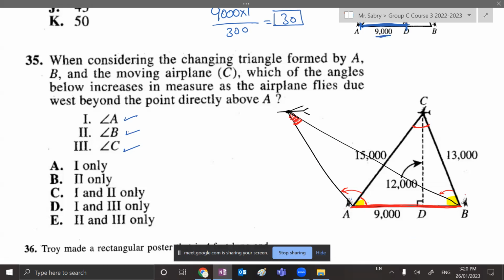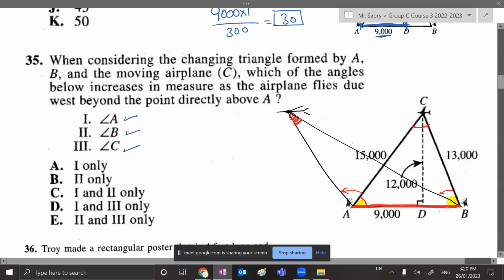So the angle looking at the distance between the two radars will not change as well. But the other two angles: angle B was originally looking at this side with a distance of 15,000. This side now has a different measure, which has changed definitely. It got bigger, or sorry, it got smaller maybe. But this side, 13, which angle A was looking at, got much bigger.